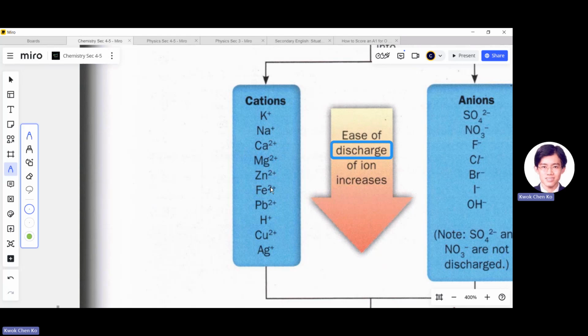I think you've written it down somewhere. This one is the most reactive. Notice zinc is there, copper is below. So compare these two, obviously zinc is more reactive compared to copper. Sooner or later you remember this whole list and more.